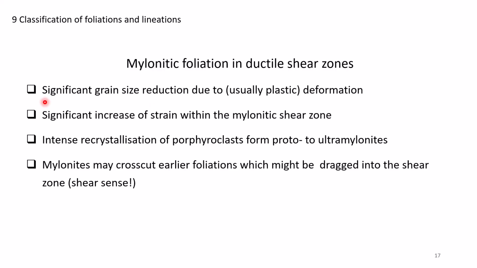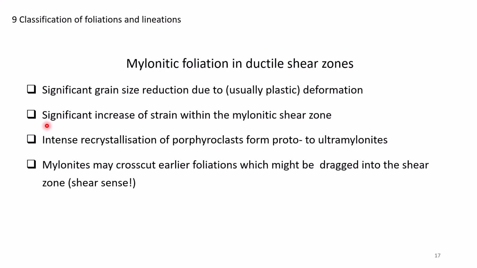Many geologists would associate mylonites exclusively with plastic deformation, but the grain size reduction can also take place in the brittle field. And this is the criterion. Plastic deformation is most common to form mylonite zones, but it is strictly speaking not a requirement.